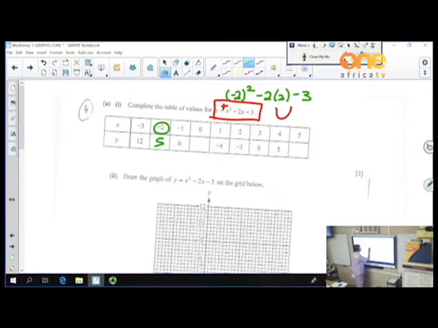This one, 0, this is still your C. So we can immediately just use that value and write it in there because that is still your y-intercept, ax squared plus bx plus c. And the last one is now this one. So we substitute the 5 in here.